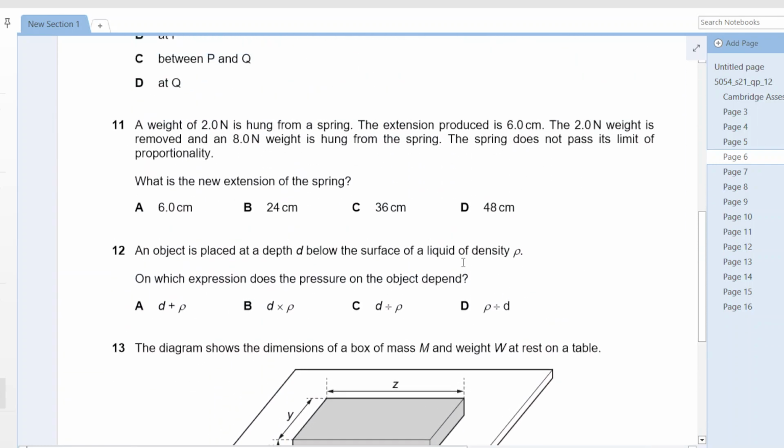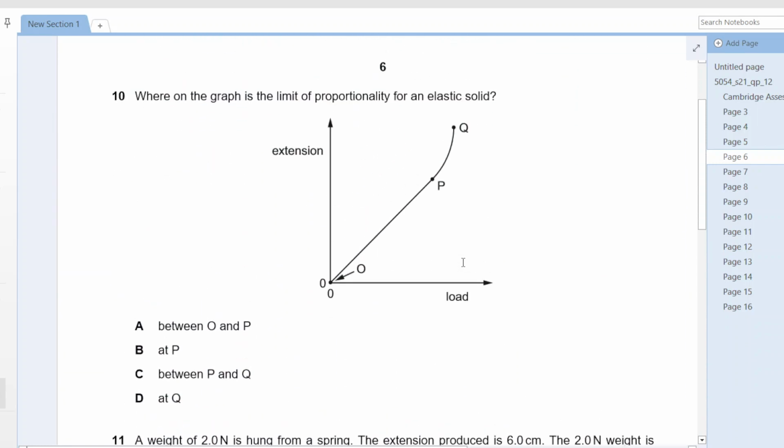Now, here is question 10. Where on the graph is the limit of proportionality for an elastic solid?